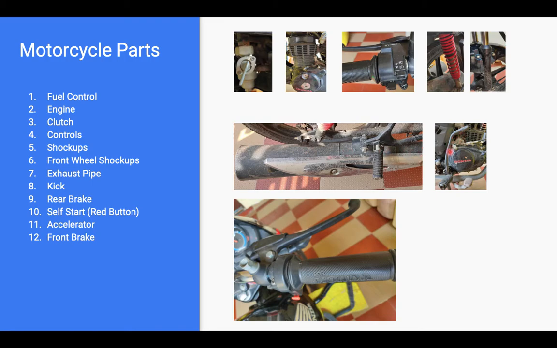Then this is the kick to start the engine, and here is the accelerator. To increase throttle, we rotate it and the throttle will open. Then this is the front brake, and this is the self start button.